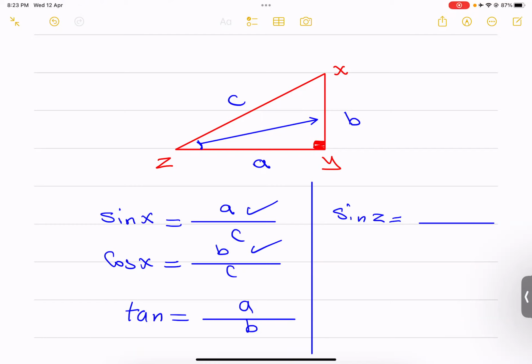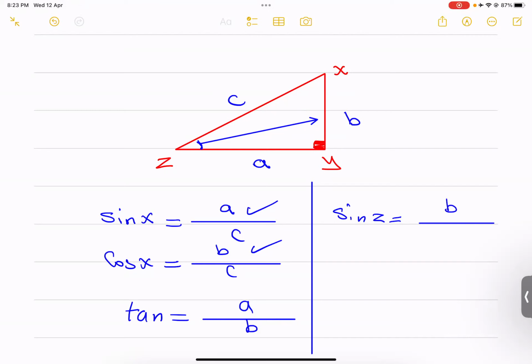I'm back. Yeah, okay. Let me continue. You told me that sine of z is going to be opposite over hypotenuse, right? Opposite, yeah. So the opposite, could you tell me? B over A. No, just wait. Over hypotenuse. Hypotenuse.